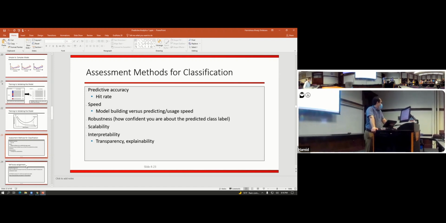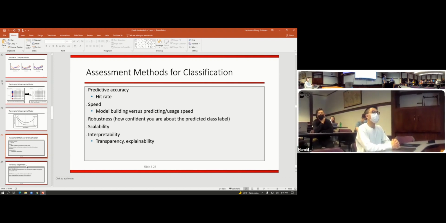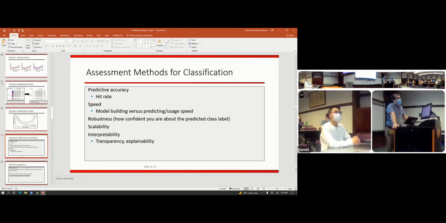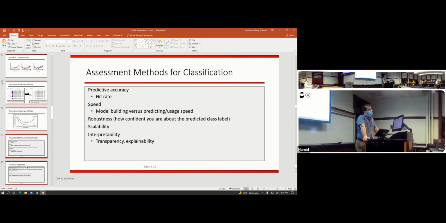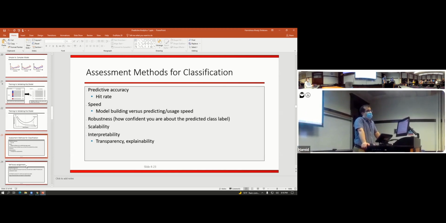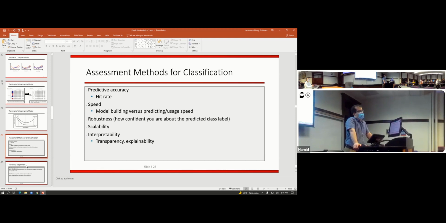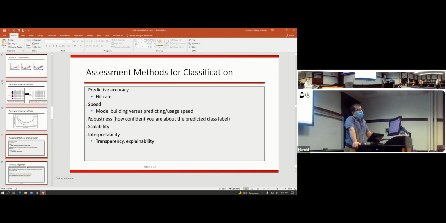Okay, transparency and explainability. If you use a statistical model, let's say logistic regression, decision trees, naive Bayes, everything is very transparent and you can easily talk about the relationship of variables and steps of your algorithm. On top of that, we have algorithms we usually call black box algorithms, such as neural networks and SVM.